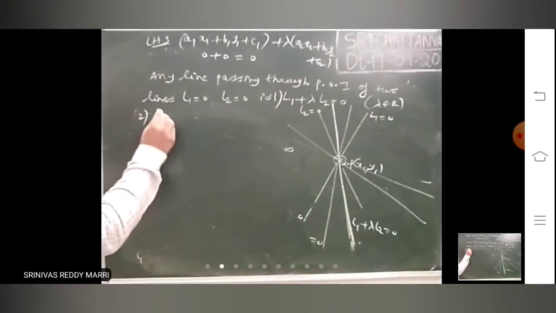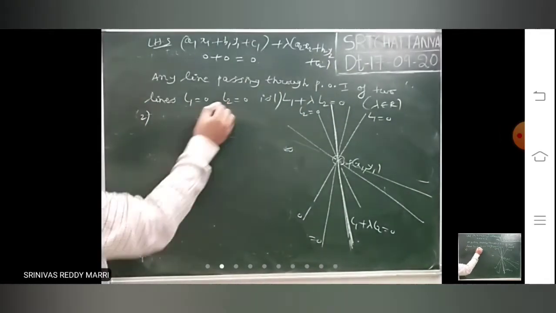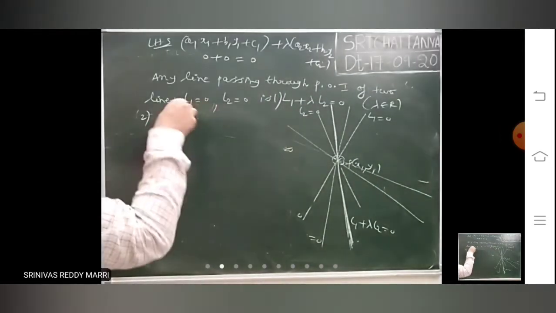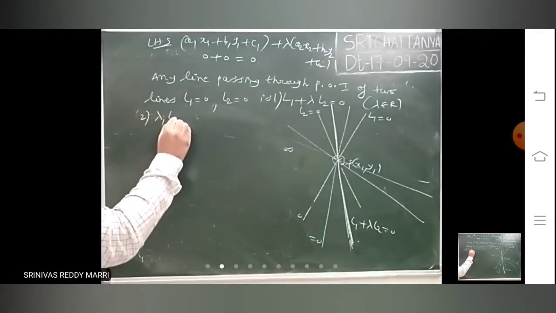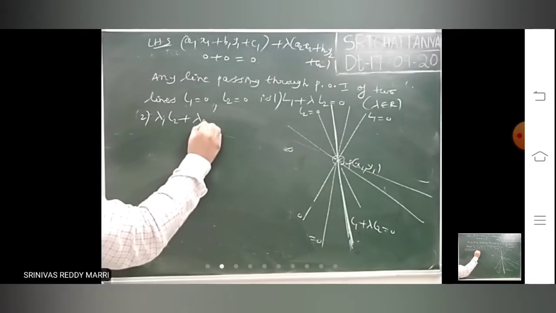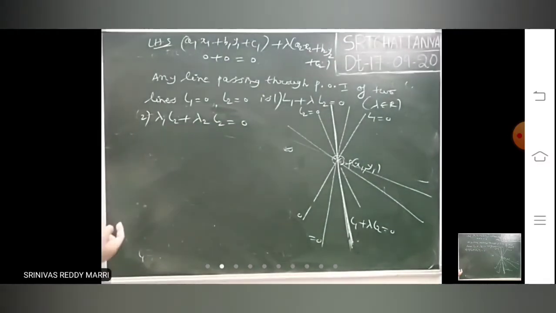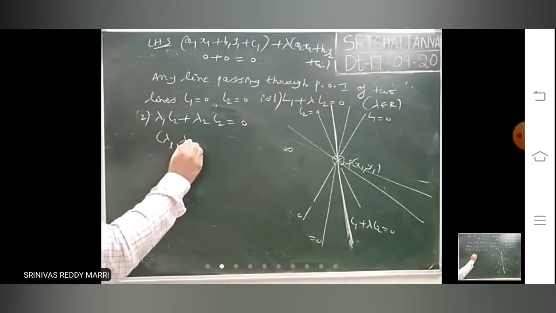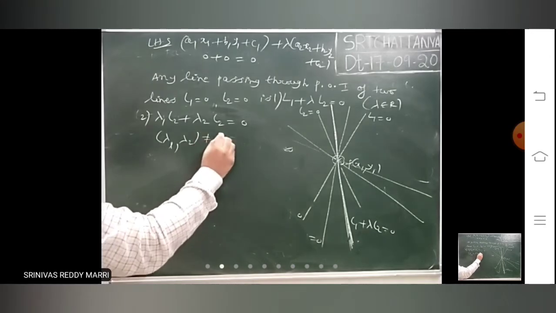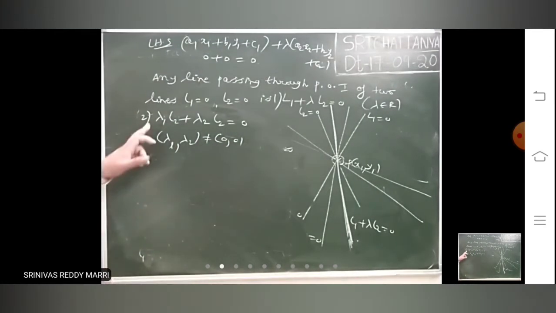It can be taken in this form also: any line passing through the point of intersection of L1 equal to 0 and L2 equal to 0 is in this form, or lambda 1 L1 plus lambda 2 L2 equals 0. Lambda 1, lambda 2 not equal to 0, 0. Both cannot be 0. If both are 0, 0 equals 0, it will become trivial.